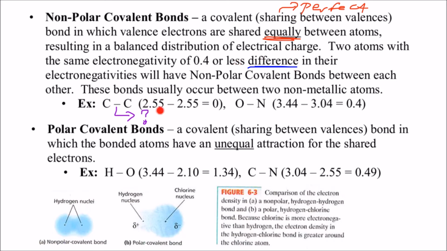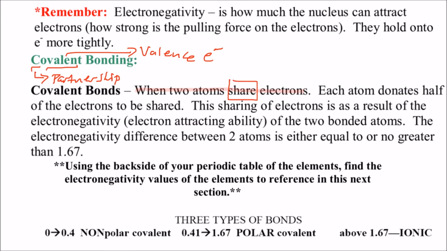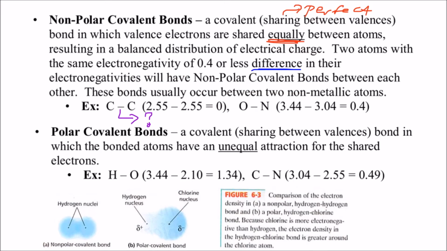So you say 2.55 minus 2.55 and you get 0. Then you look at your chart here that I've given you, and if they have a difference of 0 to 0.4, then we're going to call it a non-polar covalent bond. So this bond here is non-polar.